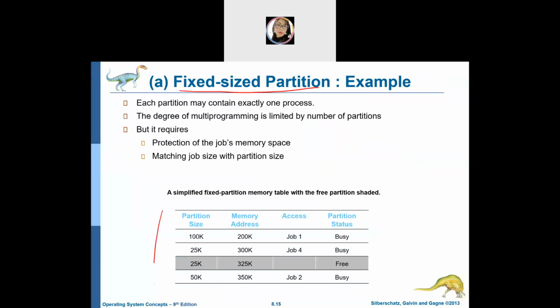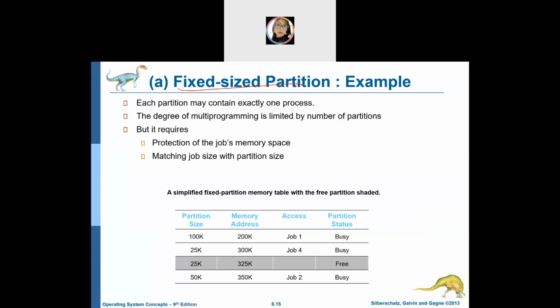In this example, you only have 1, 2, 3, 4 segments. And let's say you have job 1, job 3, job 4, job 2, why is there no job 3? Maybe job 3 size might be 30K, that's why you cannot put it here, you cannot put it here. It also depends on size. So that is the thing that you need to learn in this fixed size partition.